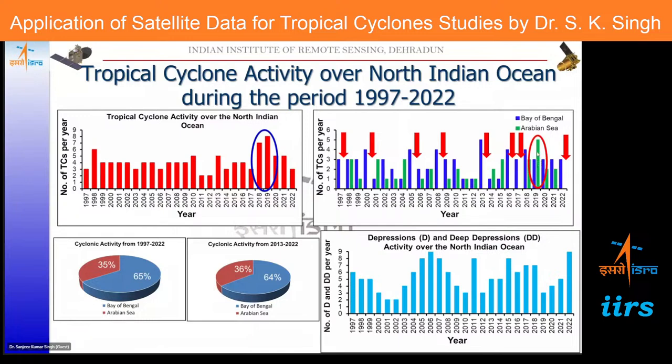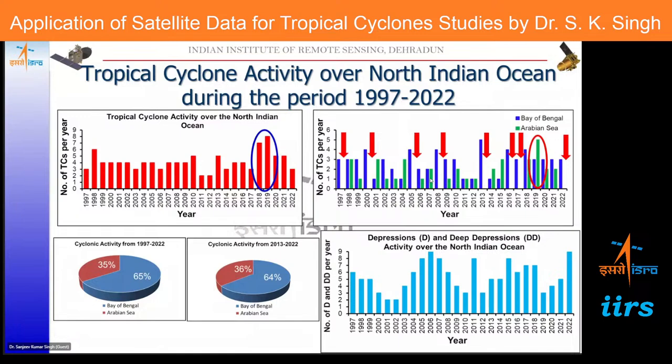Some studies say that during this year the sea surface temperature was higher, and due to this the formation was more. Some studies also suggest that ocean heat content during that period was high. The reason for more tropical cyclones over the Bay of Bengal is that the sea surface temperature is high over the Bay of Bengal as compared to the Arabian Sea.